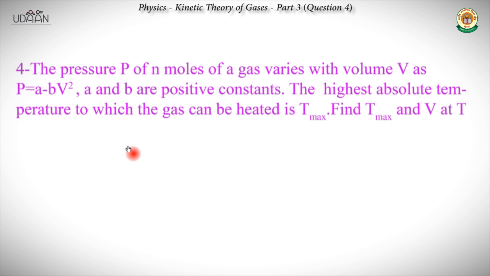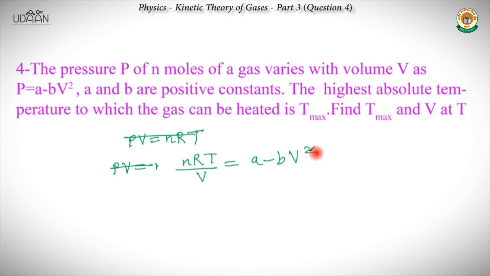So we have here PV equals nRT. Okay, so let's put that in place of P. Basically P is nRT by V. So instead of P we put nRT by V, equals A minus B V square.